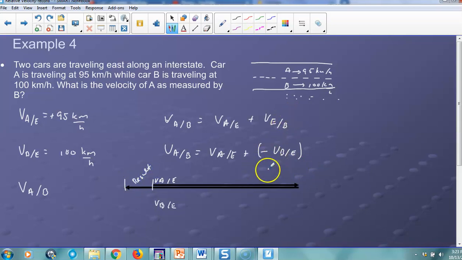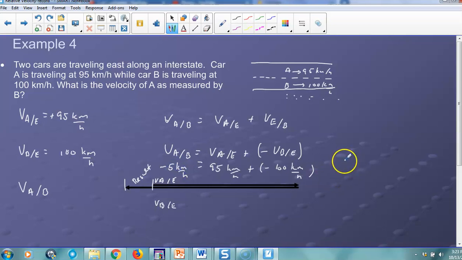And that's going to be equal to A relative to Earth, 95 kilometers per hour, plus a negative 100 kilometers per hour. And that is going to be equal to negative 5 kilometers per hour.